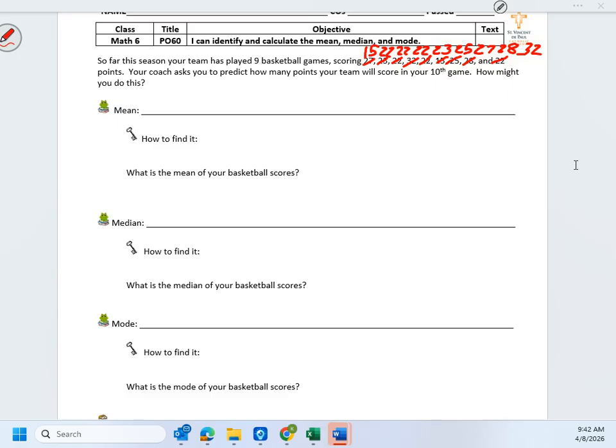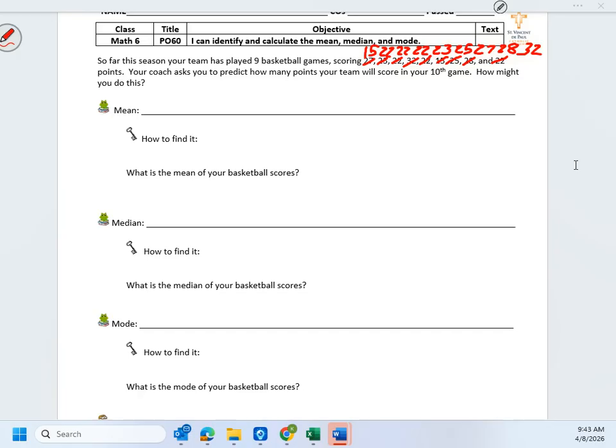What do we call that? Moses? The mean. The mean means the average. So this is the score that is the average that we get. So we're not sure. Maybe a good predictor would be the most common score that they've gotten. Or maybe we might want to find the mean because that's the average of what they're scoring.